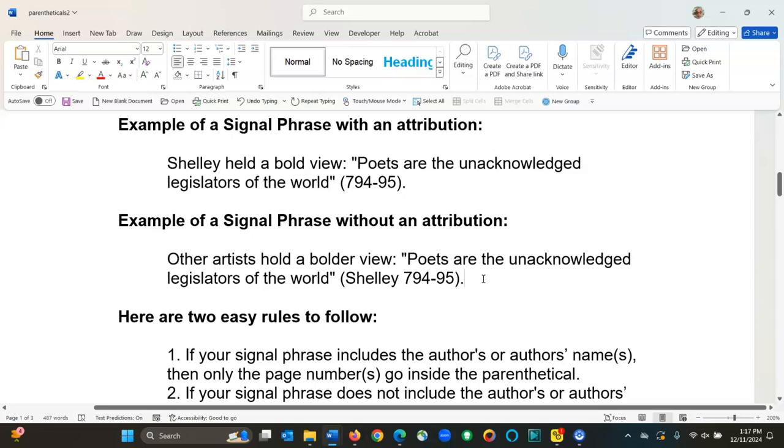If you have page numbers available, which a lot of the time you will, like in a novel, which is paginated, you can use the page numbers for quotes. You're always going to have the page number in a parenthetical. Whether or not the author's name goes in there along with the page number depends on how you constructed the signal phrase, with or without the attribution.